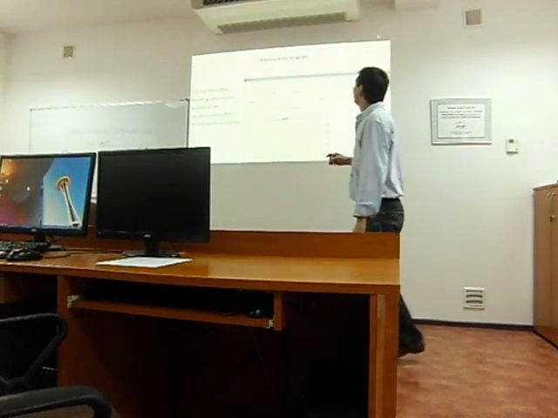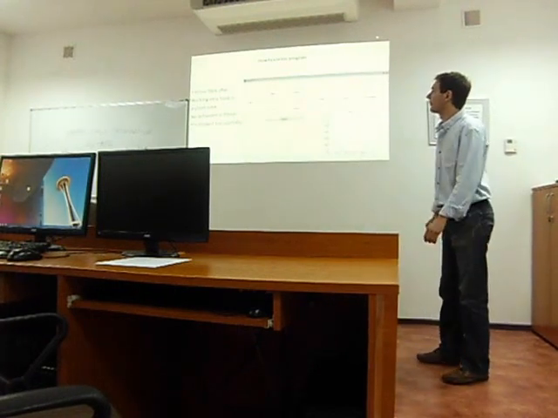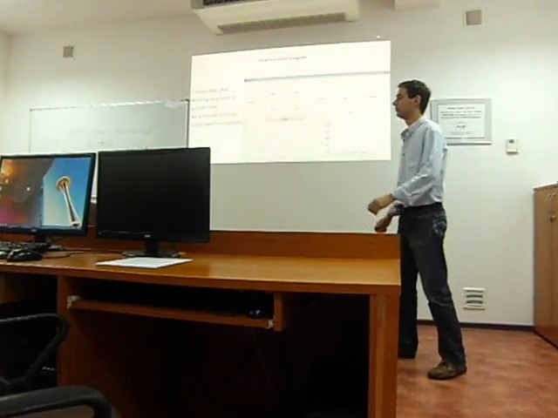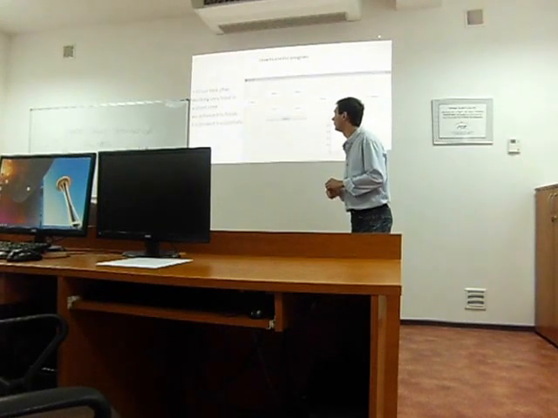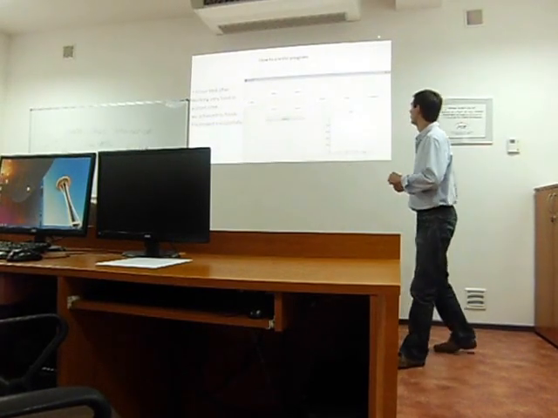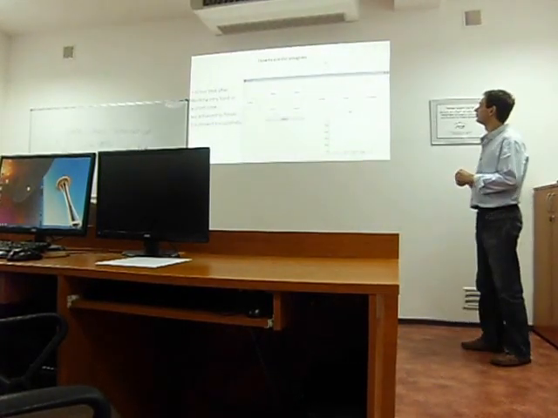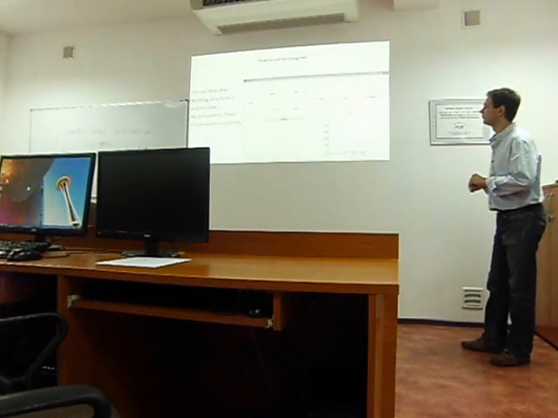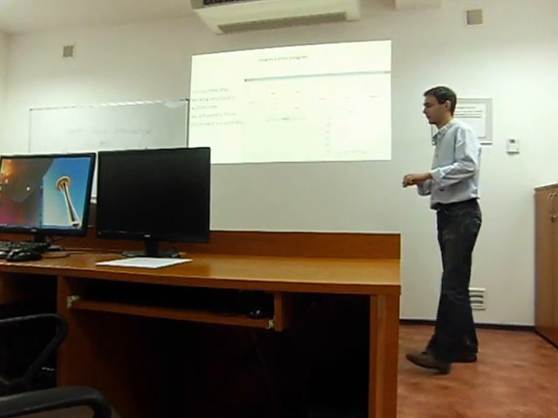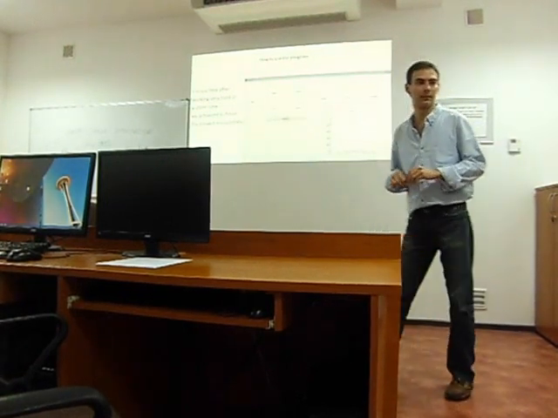Okay. As you know, our purpose is to calculate a double integral with the Monte Carlo method. Here you can see the GUI, and we have y-axis boundaries and x-axis boundaries.